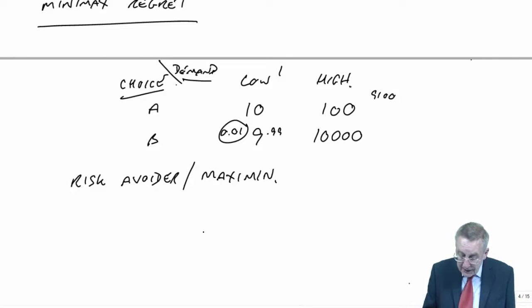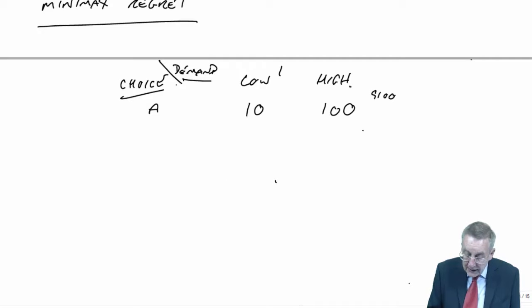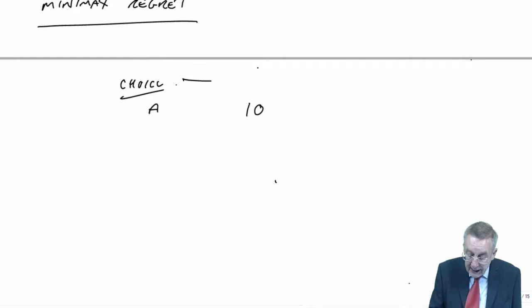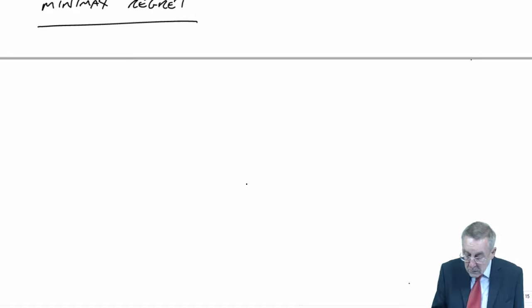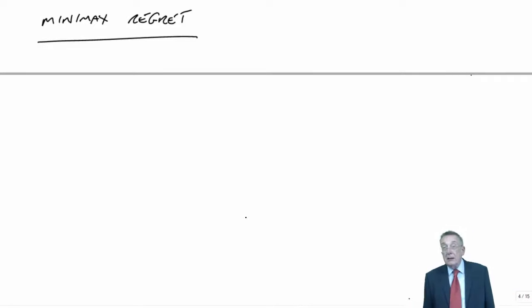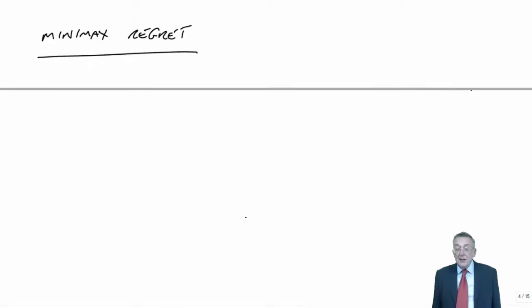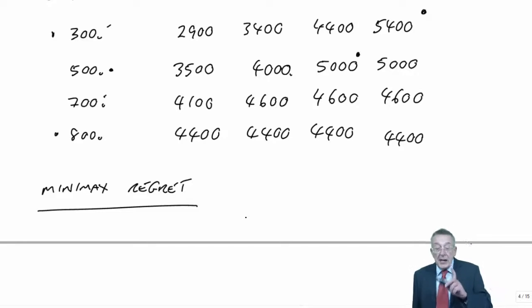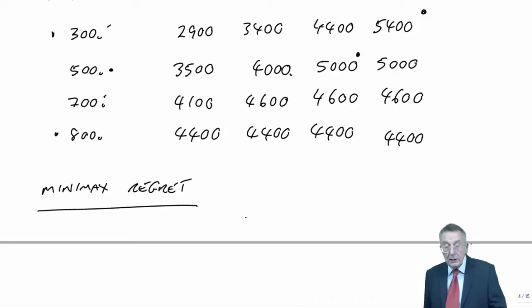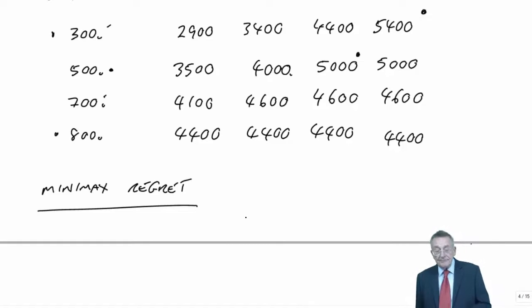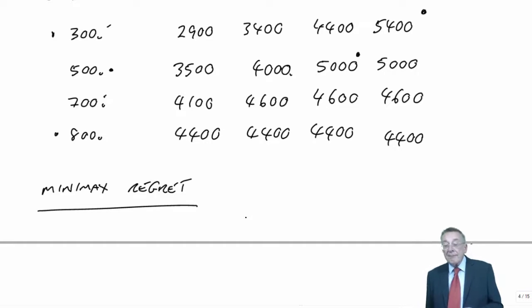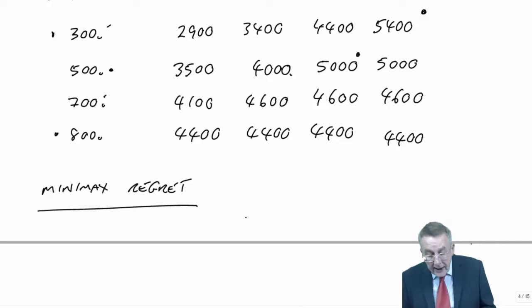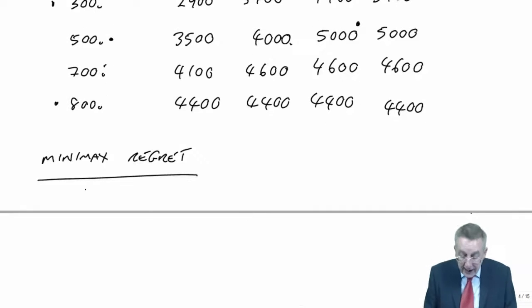But now let's do it on our example. And watch me very carefully. It's not arithmetically hard, but it's so easy to end up doing silly things because you've sort of half learnt it. The first thing we do, we take our profit table, which is what we've had there all along, and we rewrite it as what we call a regret table.